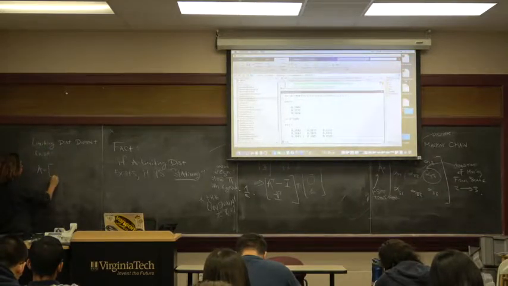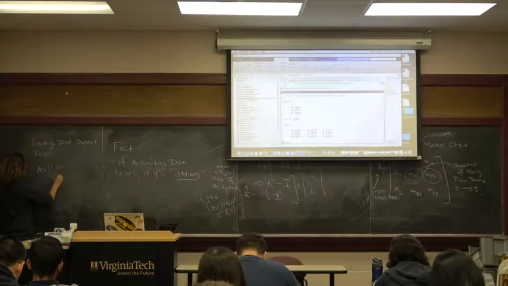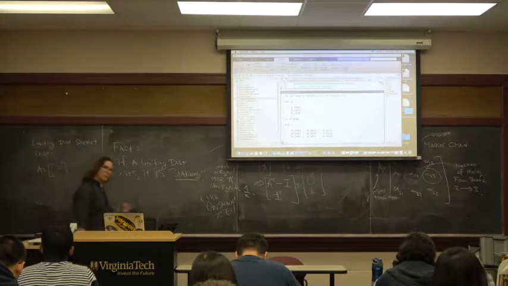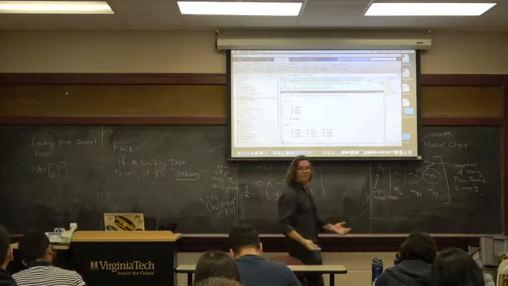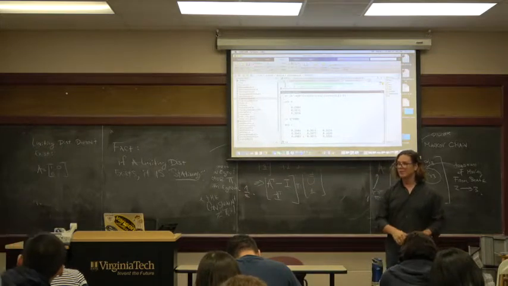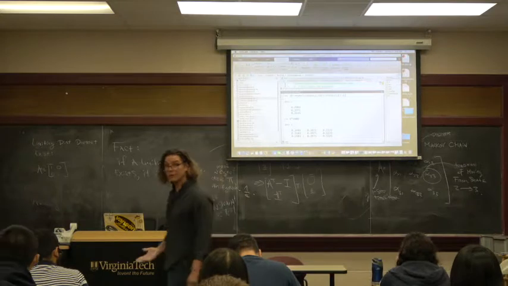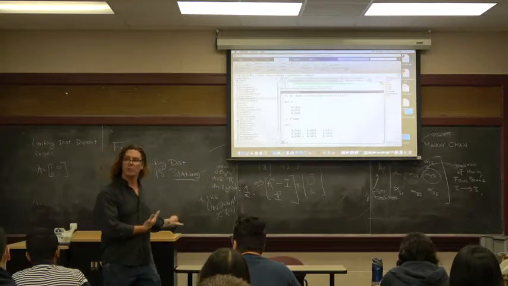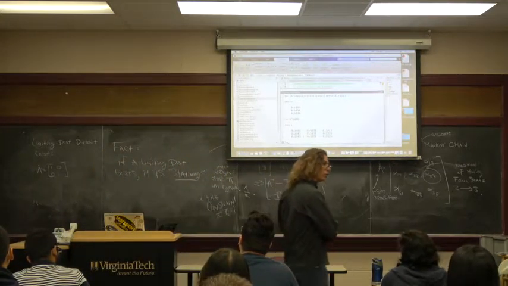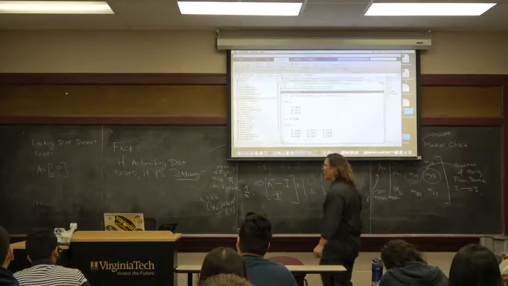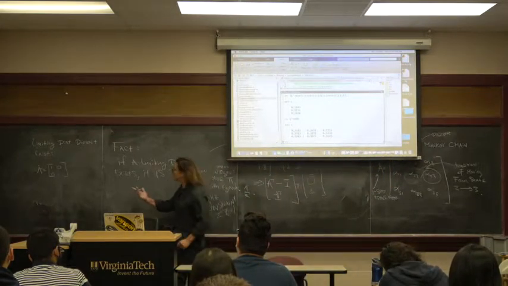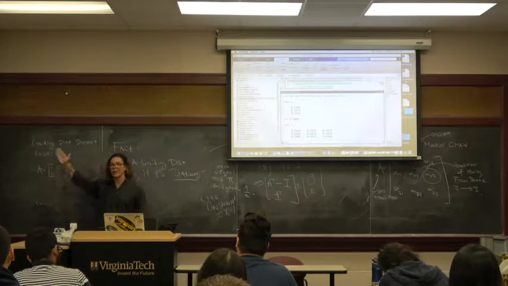A is equal to the identity. I'll keep them 2 by 2s because it's sufficient to show. If I start in state 1, I stay in state 1. If I start in state 2, I stay in state 2 and I don't move. That is a well-defined Markov process. One undesirable thing about this Markov process is that it doesn't bounce you around the space.